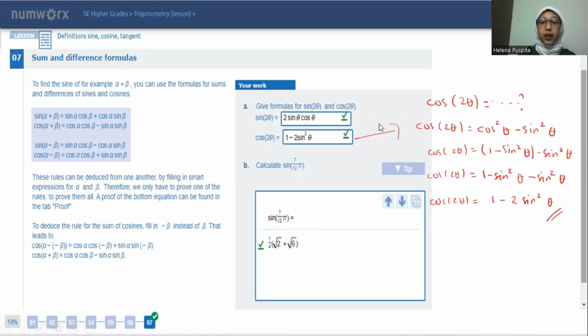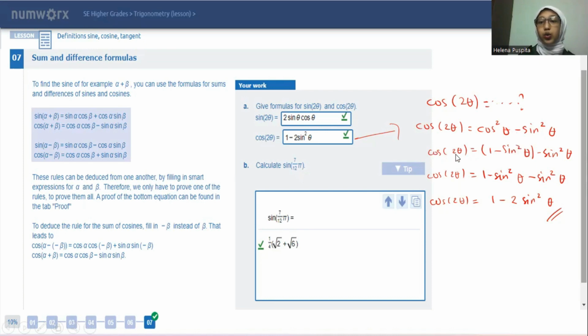Next, cos 2 theta. Cos 2 theta equals cos square theta minus sine square theta. In the trigonometric identity formula, cos square theta equals 1 minus sine square theta.